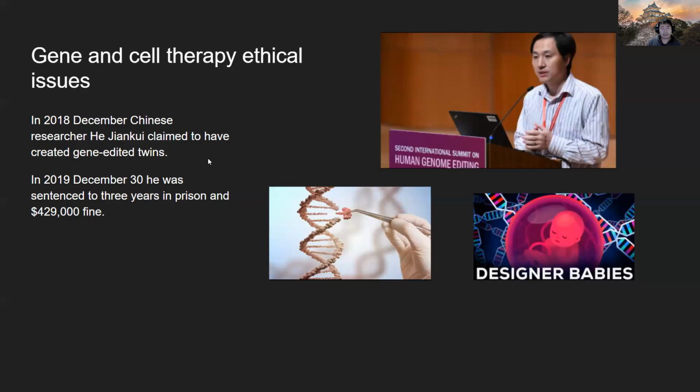So JK helped them gene edit a baby, basically. But in 2019, he was sentenced to 3 years in prison and a $400,000 fine. So what did he do? Was he helping the parents or did he do something wrong?